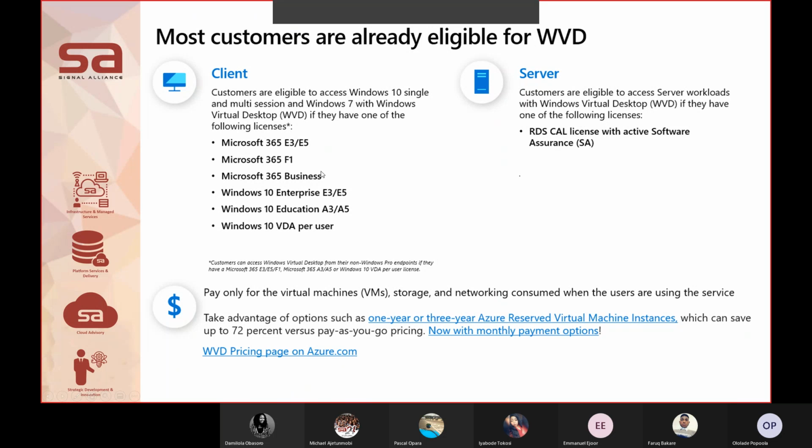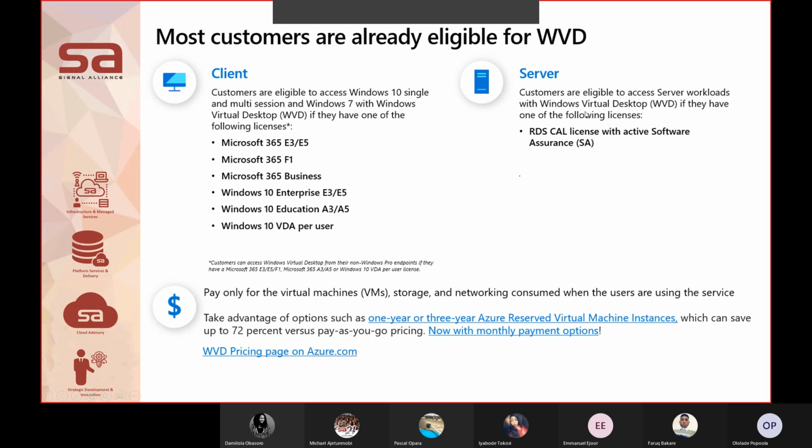As long as you have the Office 365 license, a Windows 10 license, either Windows 10 Enterprise or Windows 10 Education, and the Enterprise Mobility and Security license for the security aspect, you are qualified. So it's either you have the M365 license, or you have O365, Enterprise Mobility and Security, and a Windows 10 license. Once you have those licenses, you are eligible for Windows Virtual Desktop.